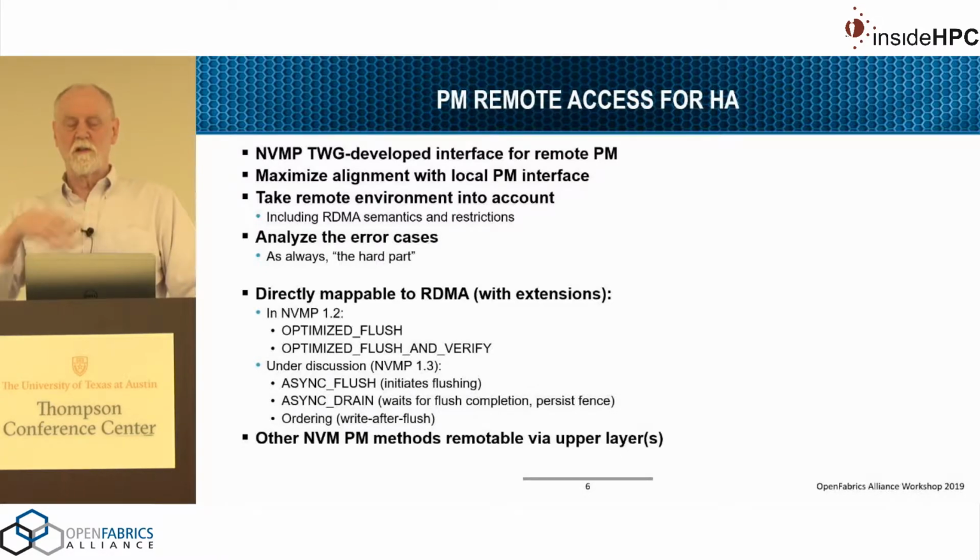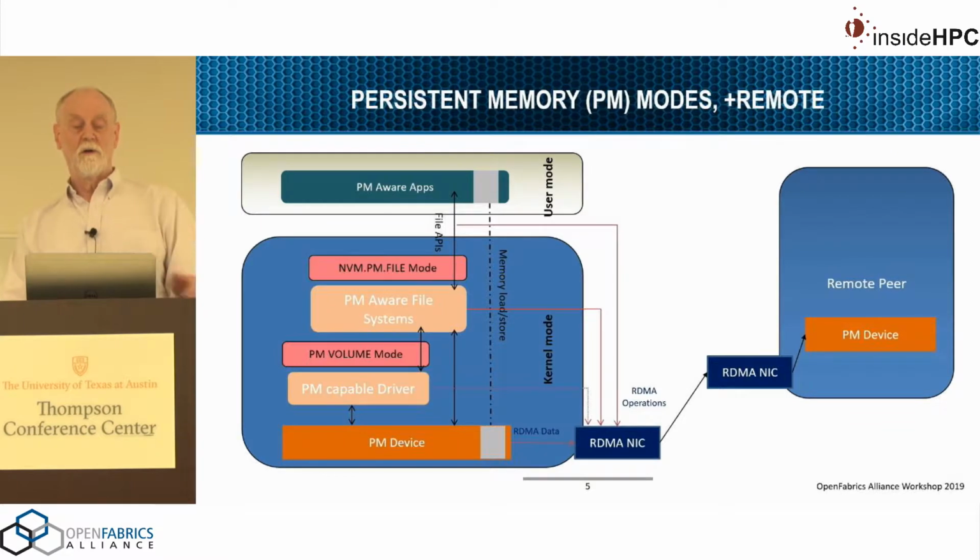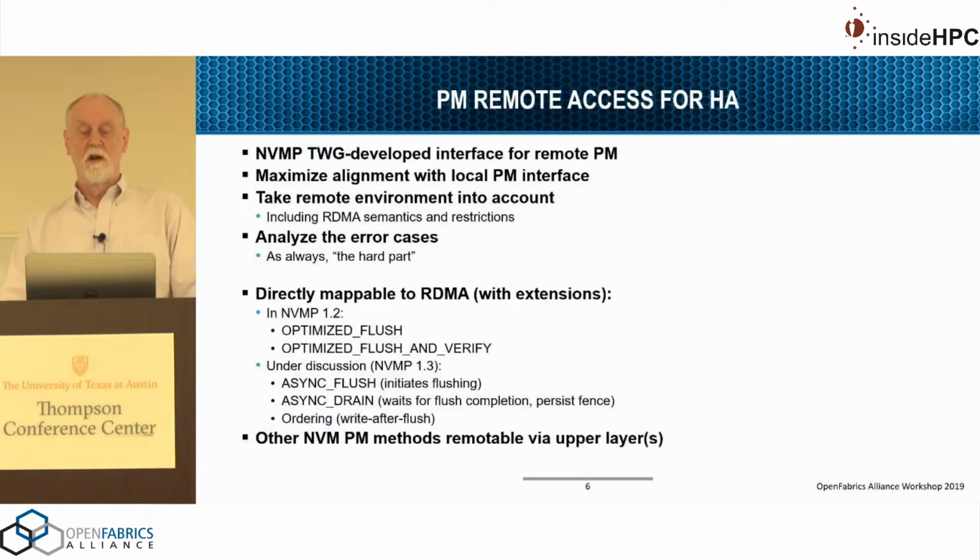It makes changes to the local case or recommends changes, but it doesn't modify it in any meaningful way. We did that on purpose to maximize the alignment with that local PM interface, right? This picture on the left, we don't want to change that box on the left any more than necessary, just those little arrows emerging from it, right? So we examined how lightly can we touch it?